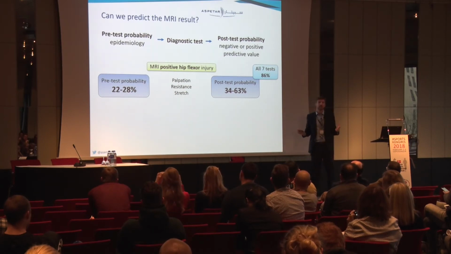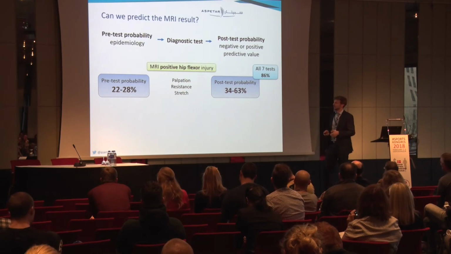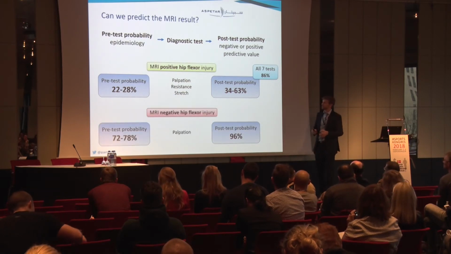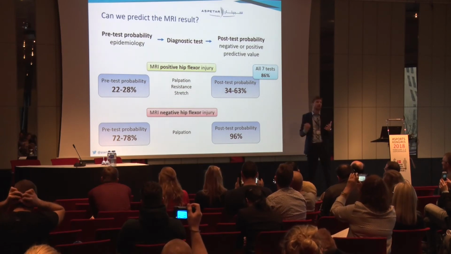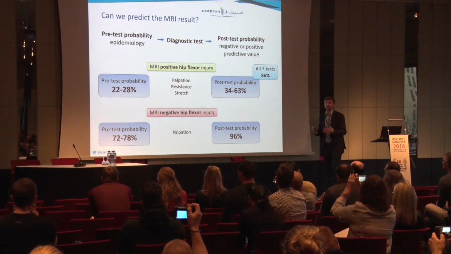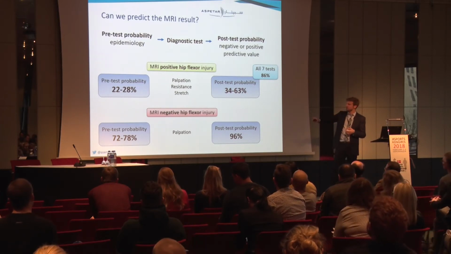In a clinical situation, you have to worry a little if you want to be confident in that diagnosis. So these are some really poor pain provocation tests for the hip flexors, but I'll get back to that.